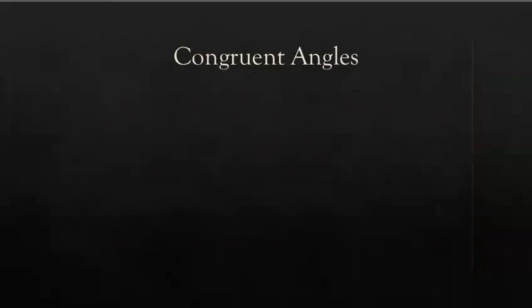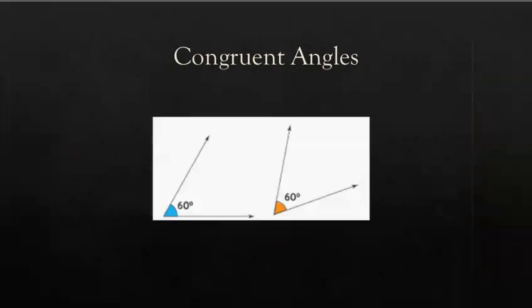Congruent angles. How do we know that two angles are congruent? Well, they have to have the exact same measure. Here we measured this angle at 60 and this angle at 60. Even though they're not pointed the same direction, we can measure them, and if the measure is the same, they're congruent. Remember how we marked congruent segments, where we might use one line for both of them, or even two little tally marks if you like that.